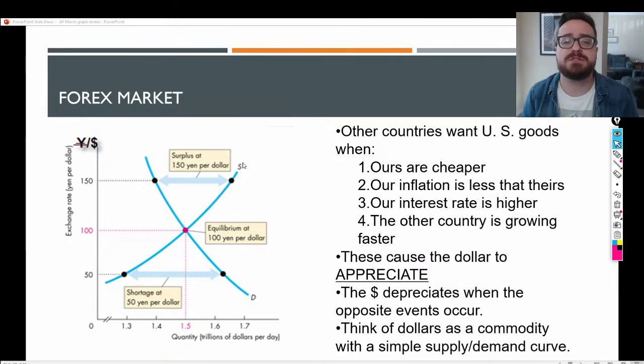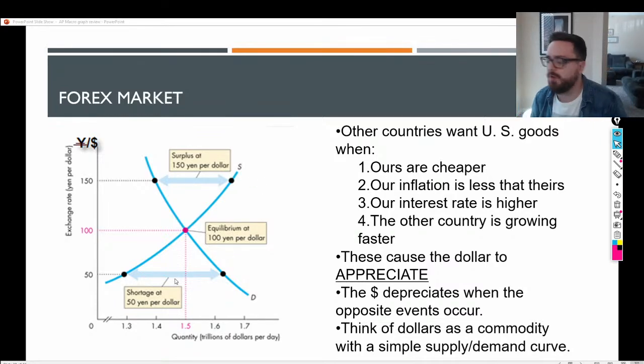It's the amount of dollars that are being exchanged internationally. The difference is that if we're trying to buy more goods from another country, we would be exchanging more dollars. We'd be swapping out more dollars. So there would be a greater supply of them internationally. If we don't want to exchange very much internationally, there'd be a lower supply of dollars internationally.